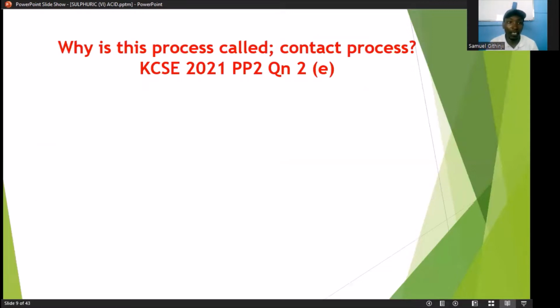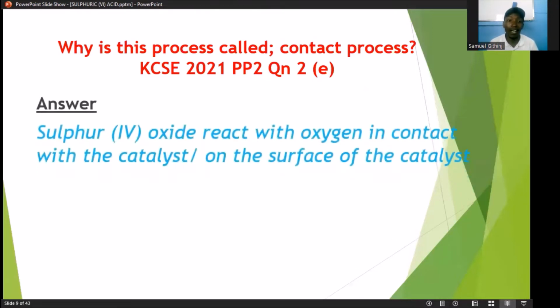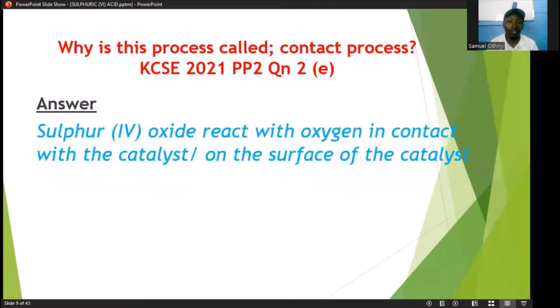This question was in KCSE 2021 paper 2, and they were asking, why is this process called contact? That is the answer: the sulfur 4 oxide reacts with oxygen in contact with the catalyst, be it platinum or the other one, vanadium 5 oxide.